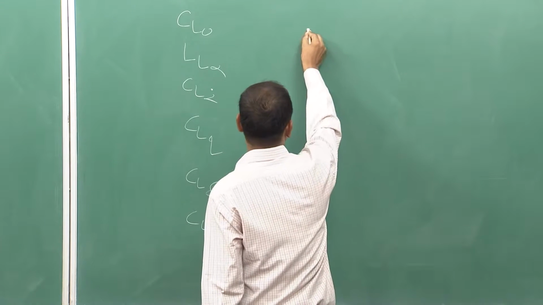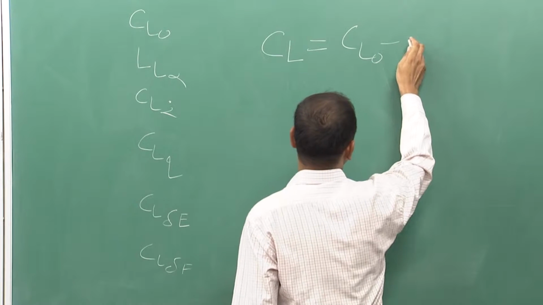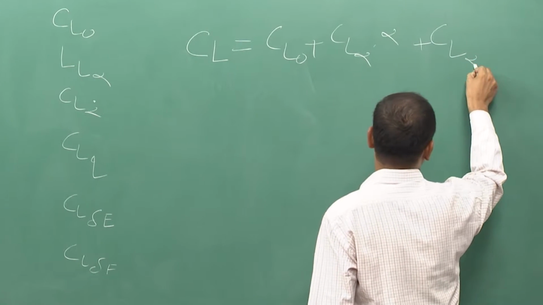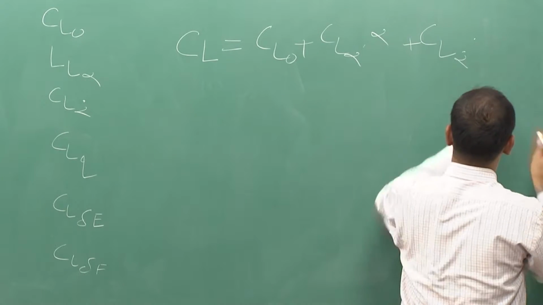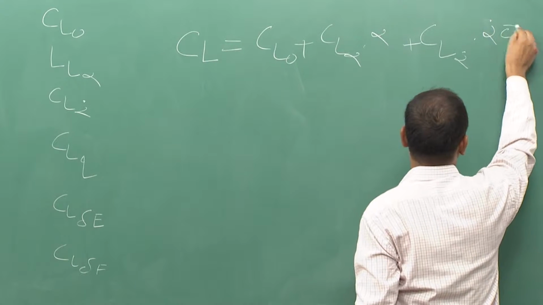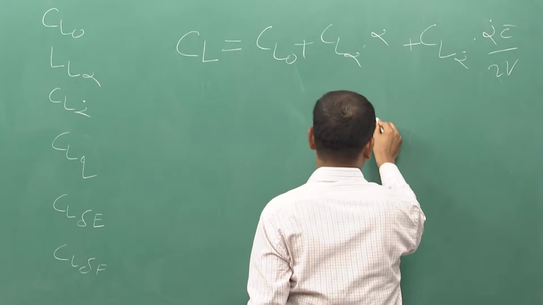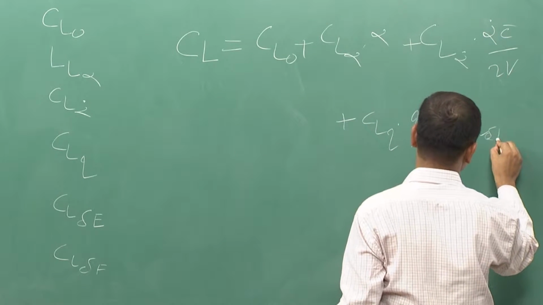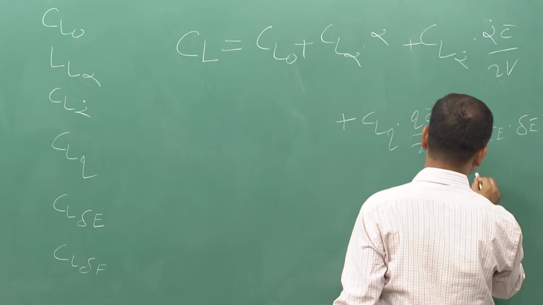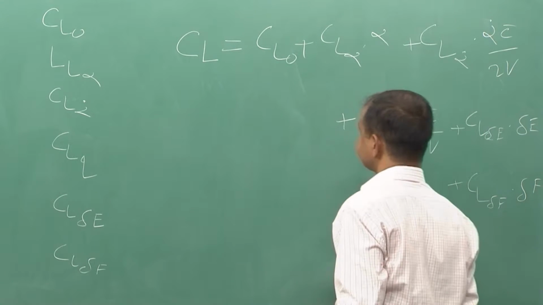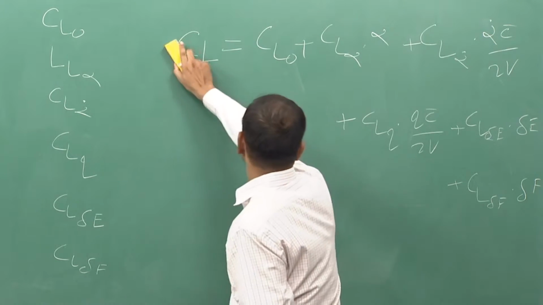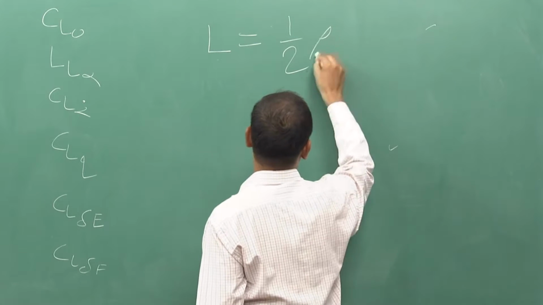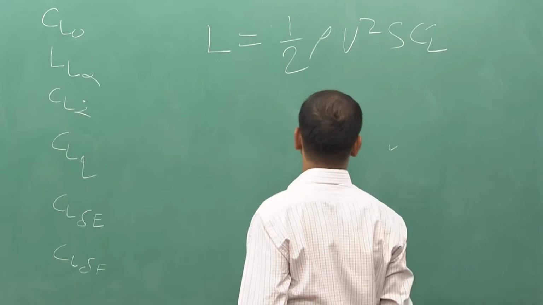Using these coefficients you can find the CL, and CL is given by CL naught plus CL alpha into alpha, plus CL alpha dot into alpha dot C bar by 2b, plus CLQ into QC by 2b, plus CL delta E into delta E plus CL delta F into delta F. Once you have the CL, you can find the lift acting on the aircraft by half rho v square S CL.